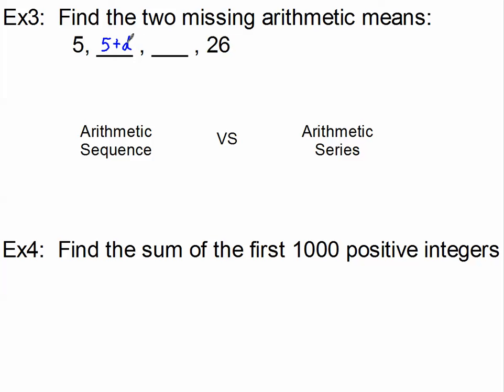Now, I don't know what d is yet, but I'll find that. And if this is 5 plus d, I would take d again and add it to that to get my third term. So this would be 5 plus 2d. So I'm adding d, and then I'm adding another d, and then I would add yet another d to get to 26.